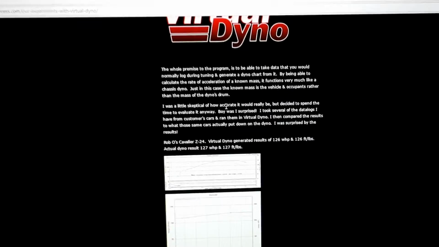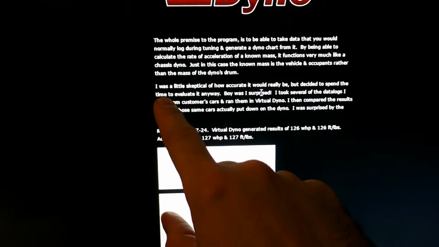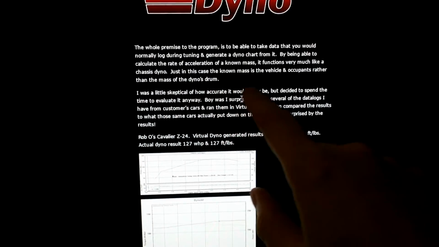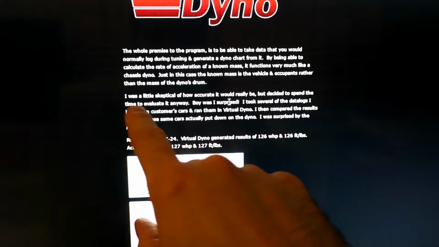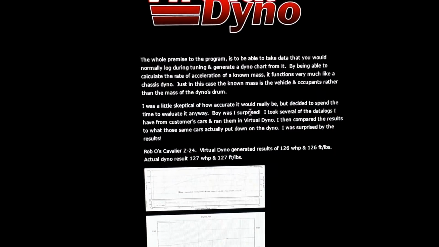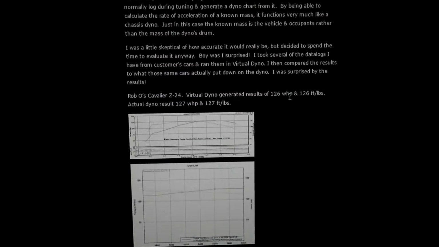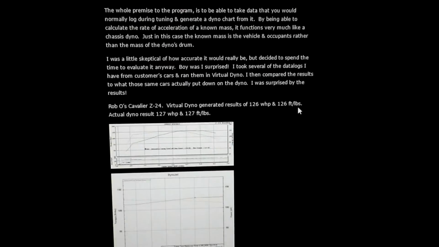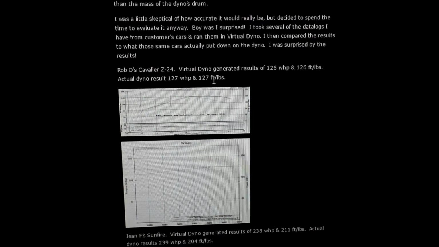Here's this website here, innovativetuning.wordpress.com. They actually ran some experiments with Virtual Dyno just to see how accurate it actually is. They say right here they're a little skeptical of how accurate it would really be, but decided to spend some time to evaluate it anyway, and boy were they surprised. So here you have Virtual Dyno, 126 wheel horsepower, 126 foot-pounds of torque on a Cavalier. Actual dyno, 127, 127.